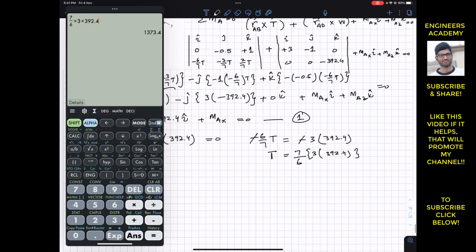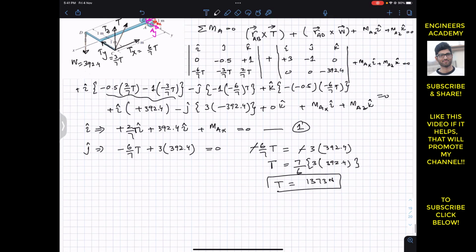This gives us t equal to 1373 newtons approximately. So the tension in that cable from C to B is 1373 newtons.